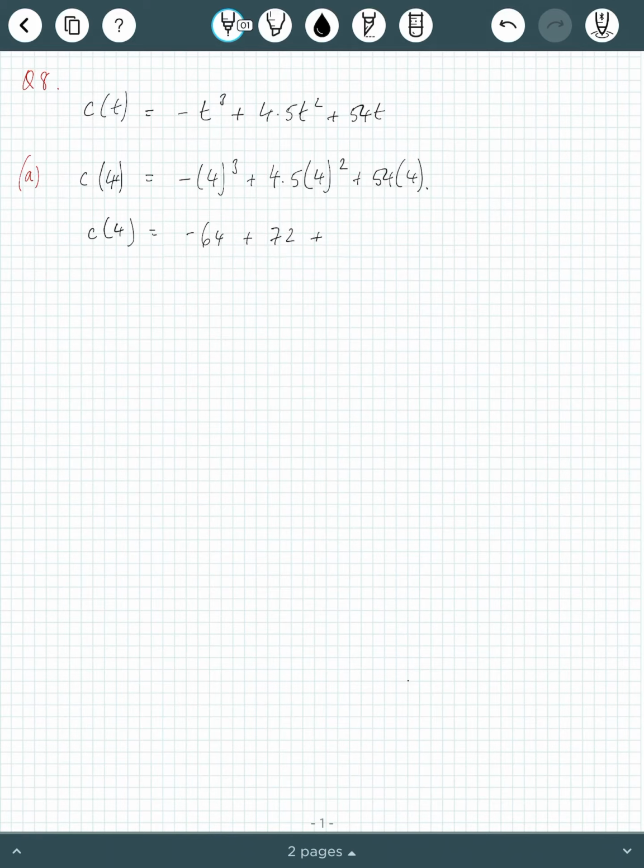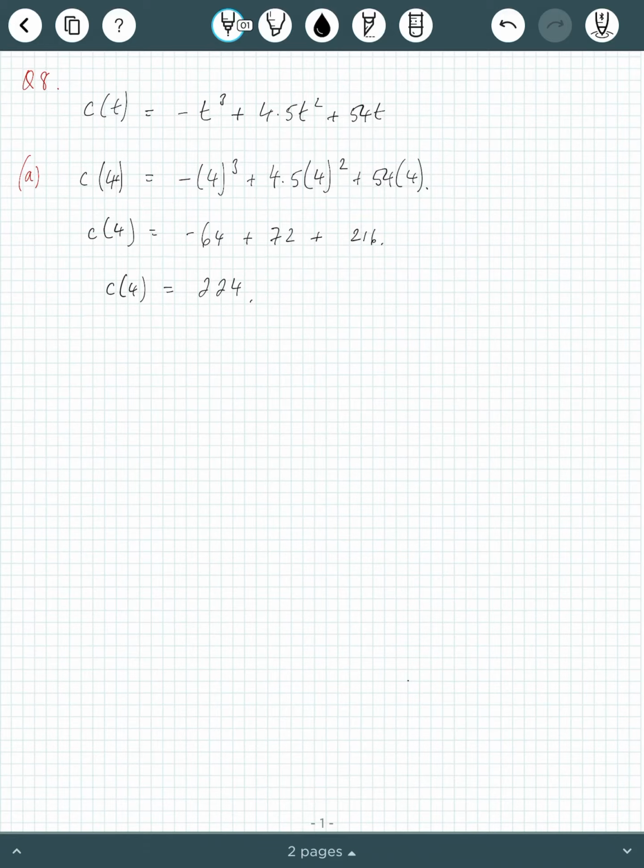Plus 54 times 4, which is equal to 216. So C of 4 is equal to minus 64 plus 72 plus 216, which will give you 224. All right, so there, you've proven that, so it's correct.